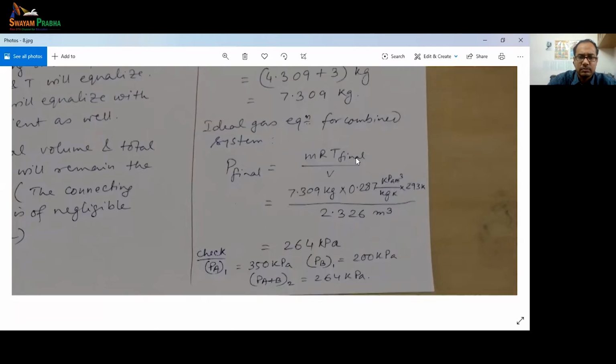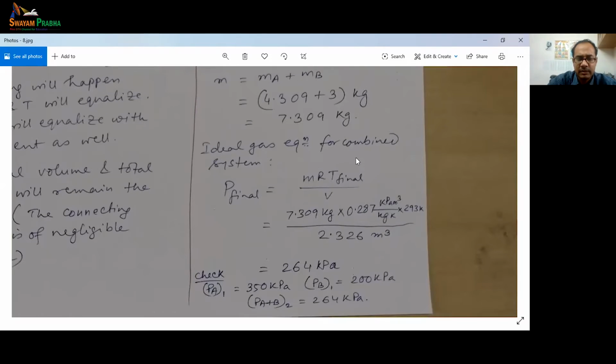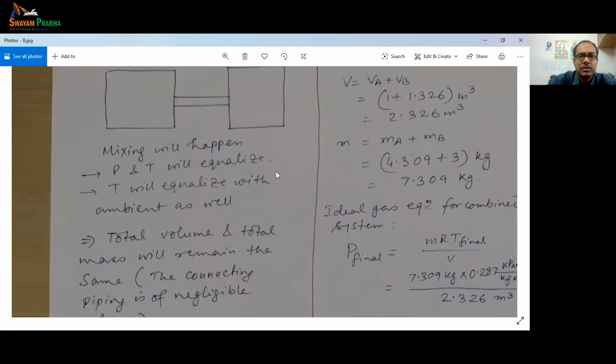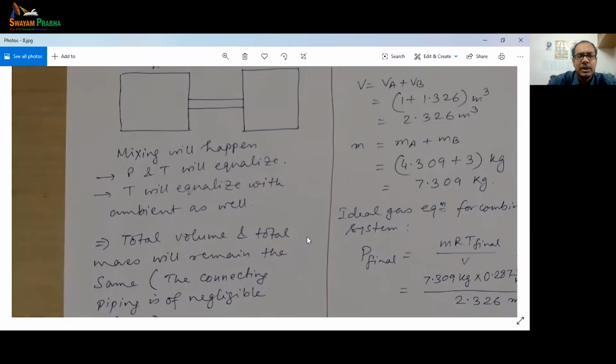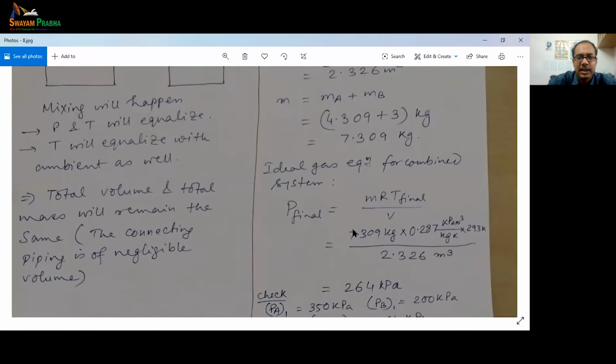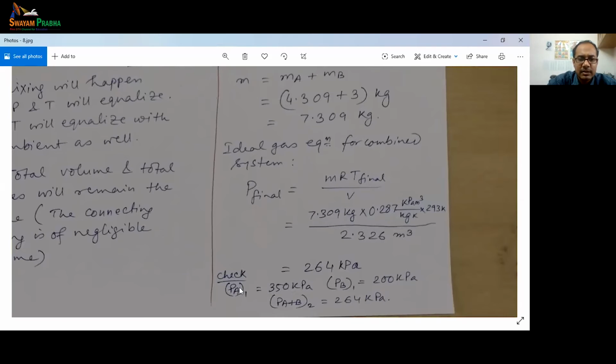Okay, so one thing you can check for any problem when you solve something, you should check whether the number you are getting makes physical sense or not. So what does physical intuition tell us? It tells us that whatever pressure you have in tank A and tank B, the final pressure of the combined system will come in between these two pressures. So let's check that. What was the pressure in tank A? It was 350 kilopascal, and in tank B, it was 200 kilopascal.